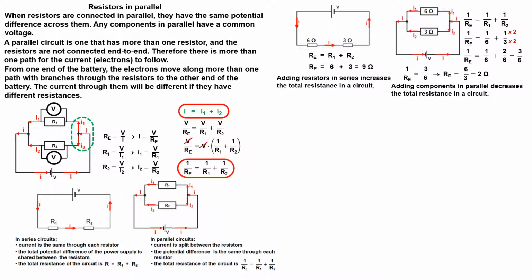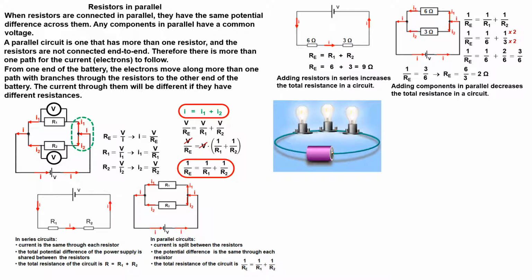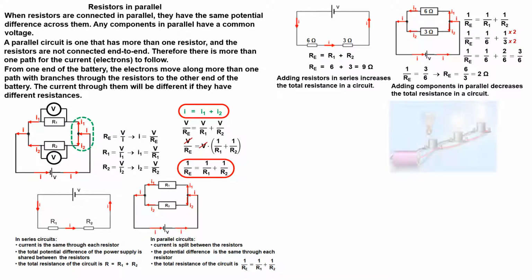In addition to increasing the resistance, the series circuit consists of just one loop of wire, so a series circuit has just one current. Therefore, if one resistor in a series circuit fails, then all the components in the circuit fail because the circuit has been broken. This problem does not occur with parallel circuits because current does not have a single path to follow.